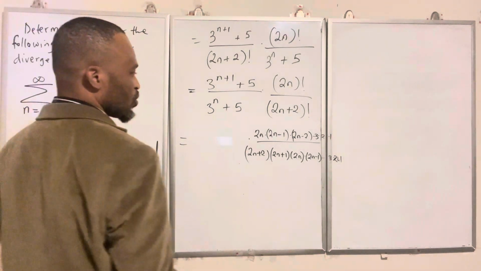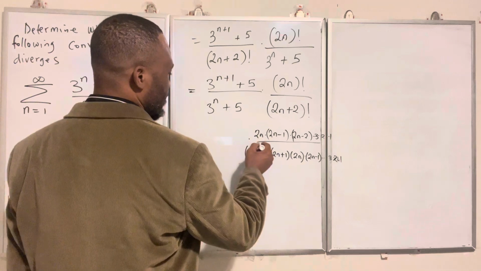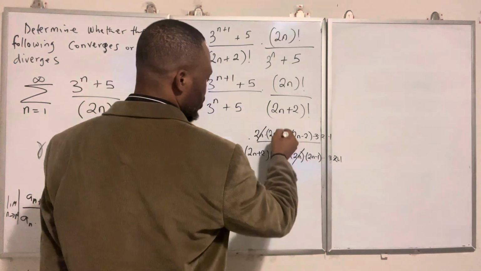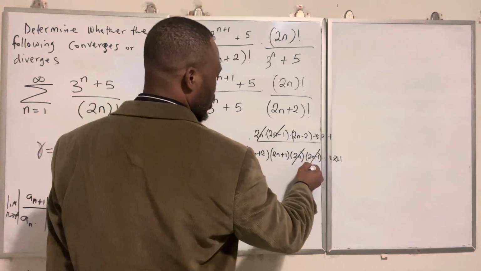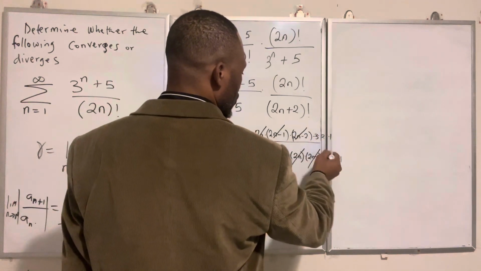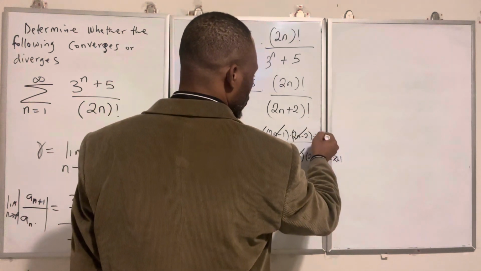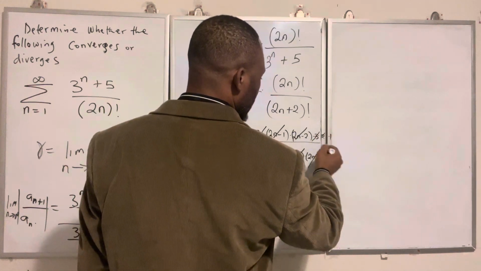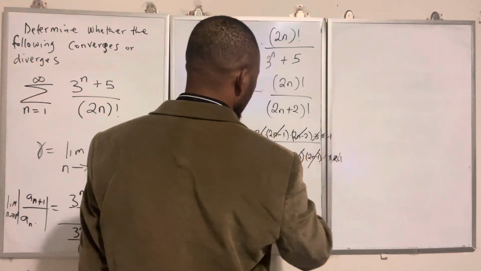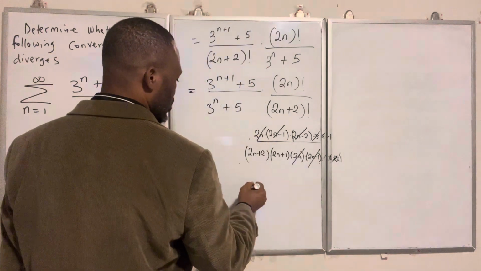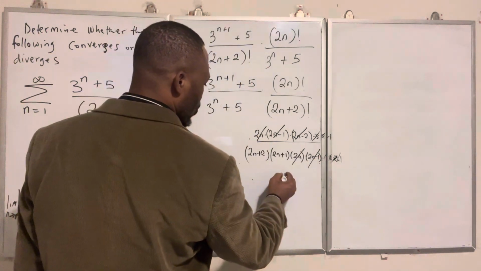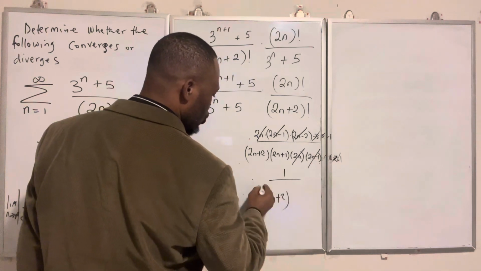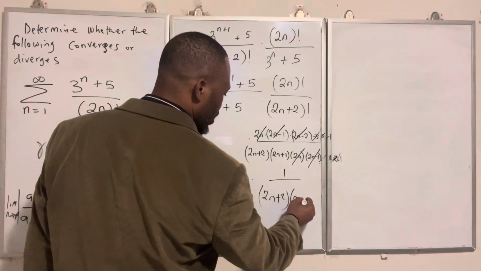Now let's cancel. 2n cancels 2n, 2n minus 1 cancels 2n minus 1, 2n minus 2 cancels 2n minus 2, and so on. 3 cancels 3, 2 cancels 2, 1 cancels 1, and we're left with just 1 over 2n plus 2 into brackets 2n plus 1.